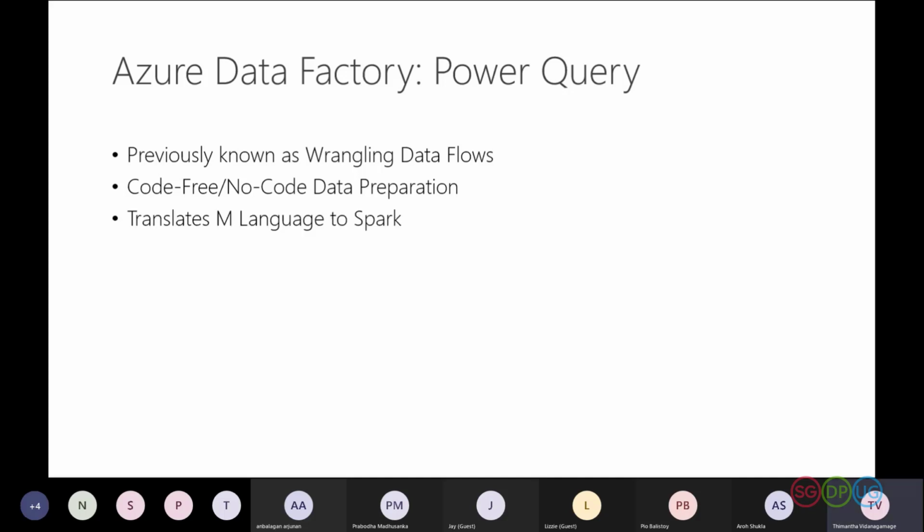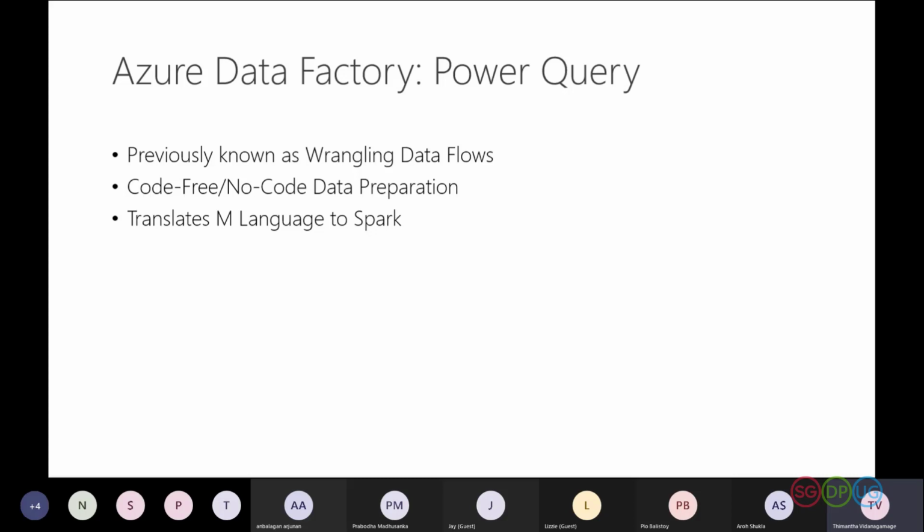Also, this Power Query that is used in Azure Data Factory is converted into Spark in the backend. If you don't know what Spark is, just keep in mind that Spark is a unified engine for large-scale data processing, and it facilitates big data workloads.